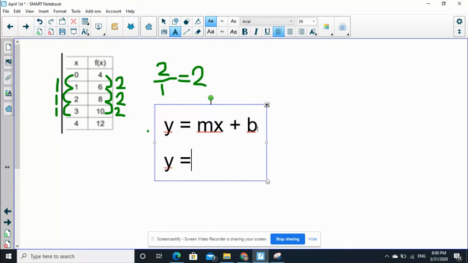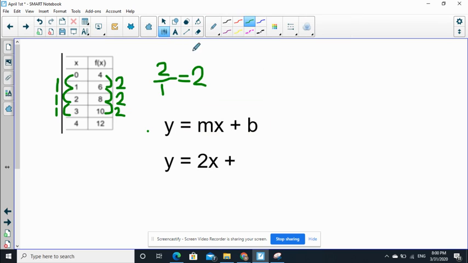Y equals m, the rate of change, which is 2 here, x plus b, the initial value. What is the initial value? From this table, the initial value is the value of y when x equals 0. X equals 0 and y equals 4. So this is the initial value.